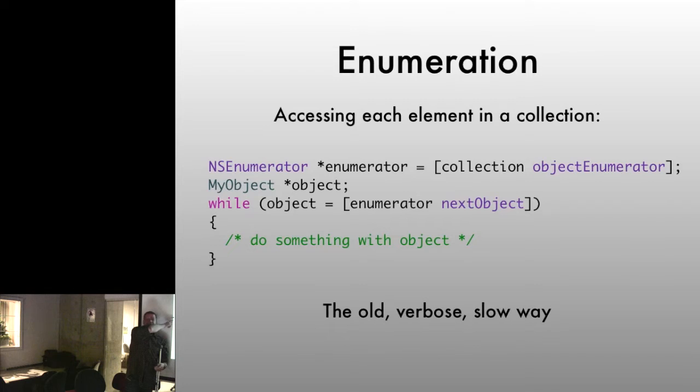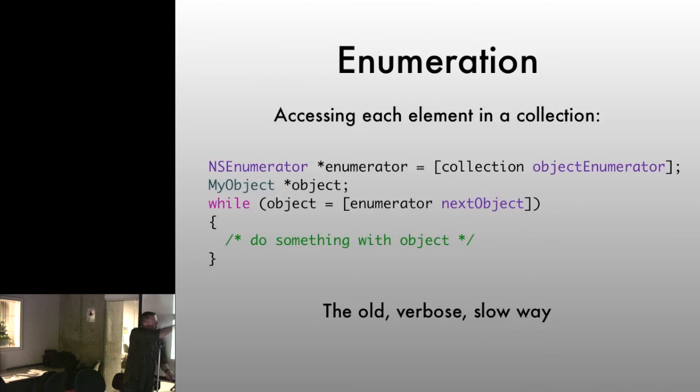The class was an NSEnumerator, then the variable, and then when you gave it your collection and passed it an objectEnumerator, it would return you back an NSEnumerator pointer that you could then step your way through your collection with.